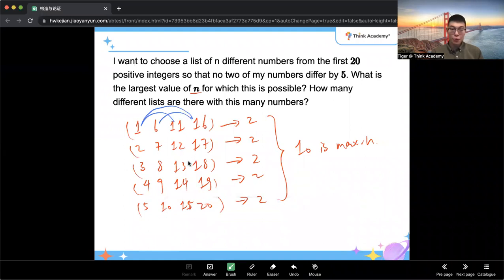So it means that I have 3 different choices for each group. I think that's right. So for the 5 groups, the number should be 3 to the power of 5, which is going to be 243. I'm not sure if that's correct, but I guess it is.